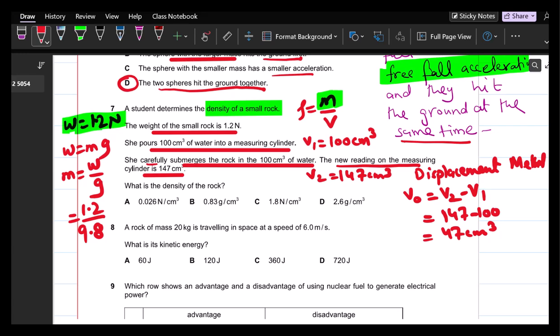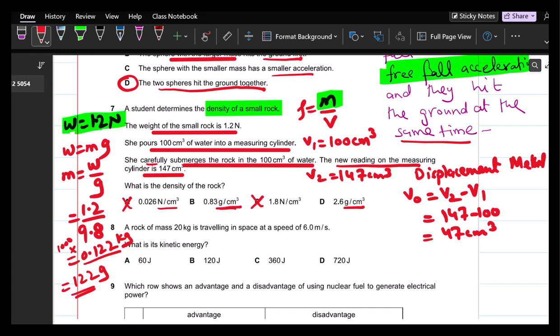So 1.2 divided by 9.8 comes out 0.122. It will be in kg, kilogram. But the options are, no, this is not possible. It will be from these two options because it is gram per centimeter cube. So if I convert this value to gram, it will be 122 grams. Multiply it with 1000.